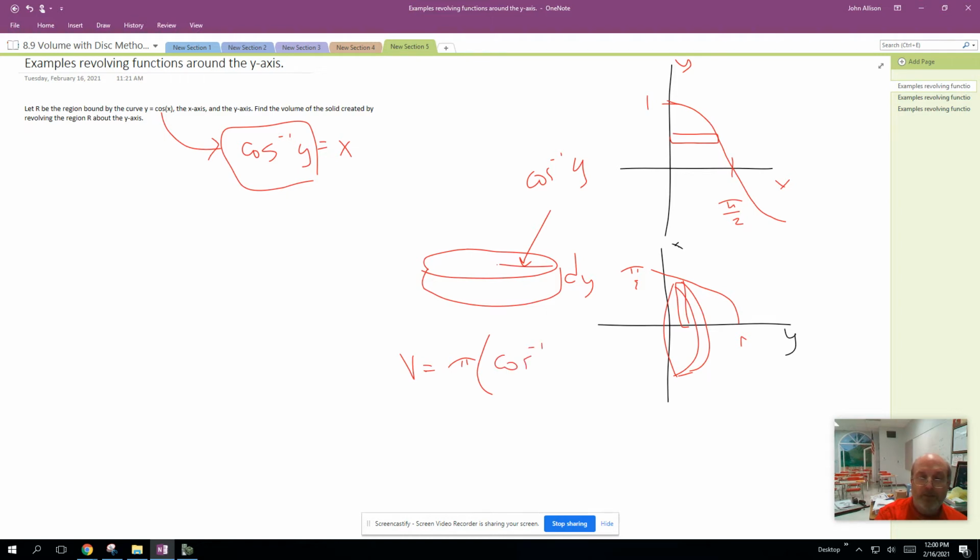It's going to be cosine inverse y squared times dy. A lot of times on the FRQs, they're going to just ask you to set up an integral, not evaluate it. On the calculator part, we might have to integrate this. But to set up the integral, we're going to go from y equals 0 to y equals 1. Bring the pi outside because it's a constant multiple. And then inside, we're going to have cosine inverse or arc cosine y squared times dy.